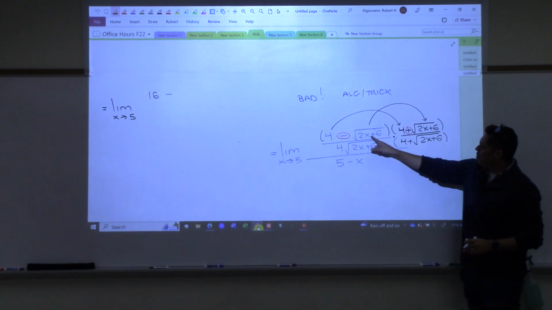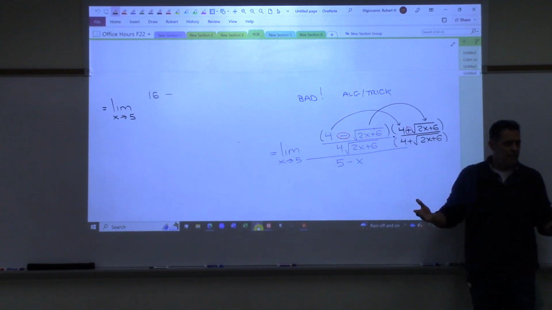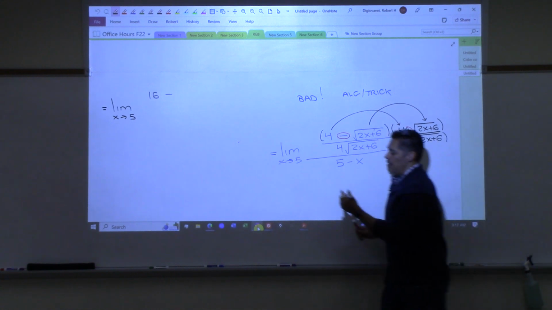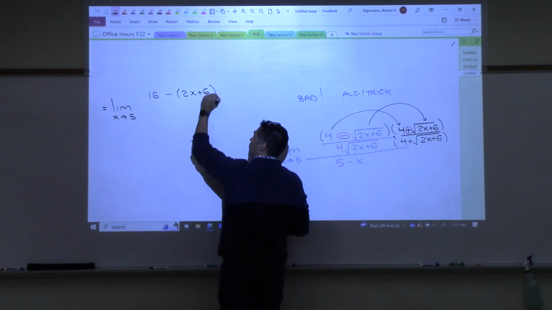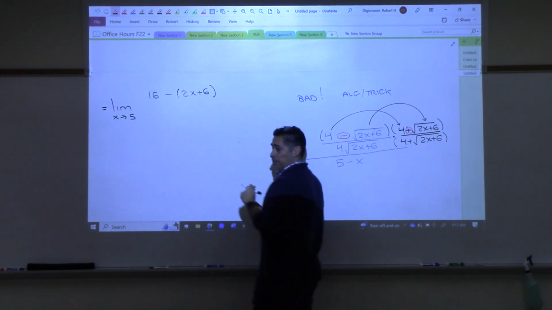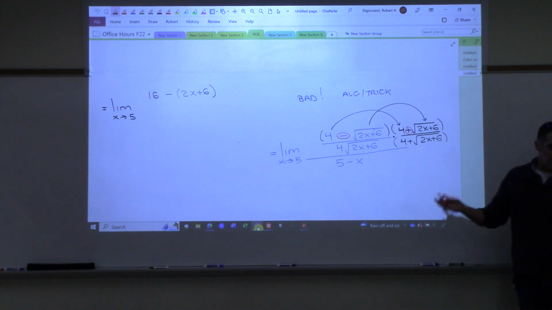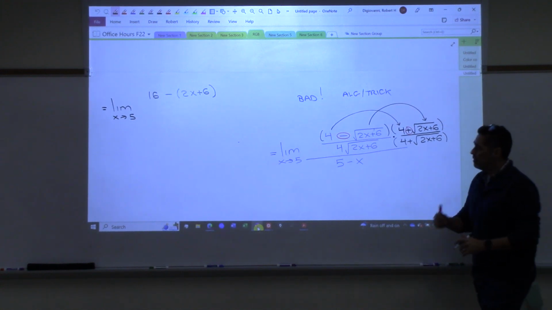When I do this root times this root, the root goes away, right? So I should just get 2x plus 6. But there's a negative sitting in front of it. So when I write it, I have to write 2x plus 6 in parentheses, because that negative will distribute to each of those terms. If you don't put the parentheses, things will not work out. You won't get any cancellation.